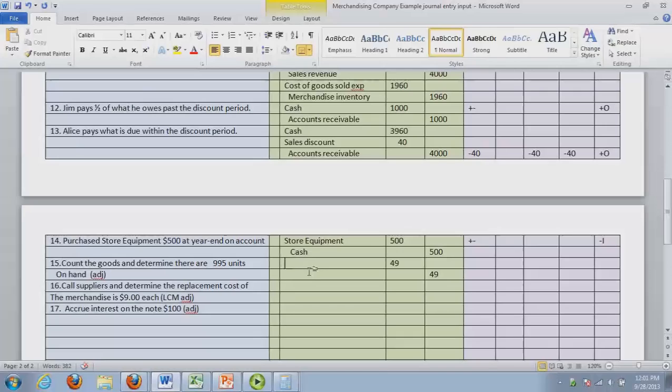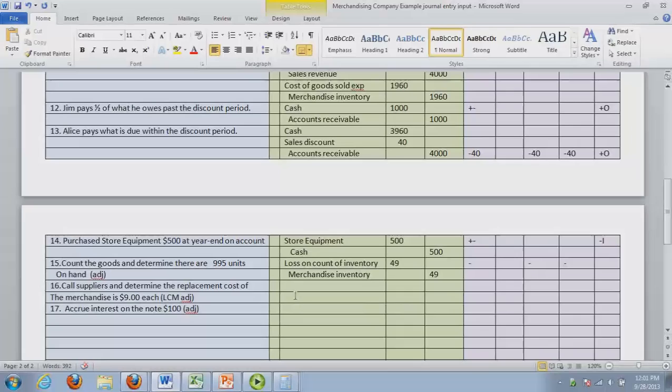We're going to use a new account called loss on count of inventory, or just loss would be fine. That's an expense account, and we're going to credit merchandise inventory. So we have fewer resources, assets are down, loss is an expense, which will close to retain earnings and bring stockholders' equity down. We'll have less profit, and it doesn't impact cash.